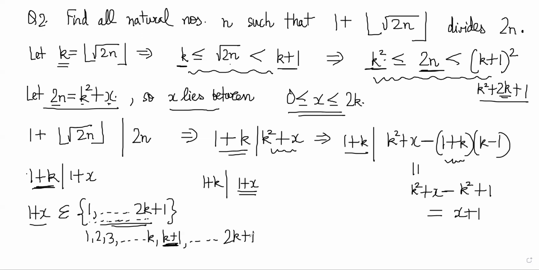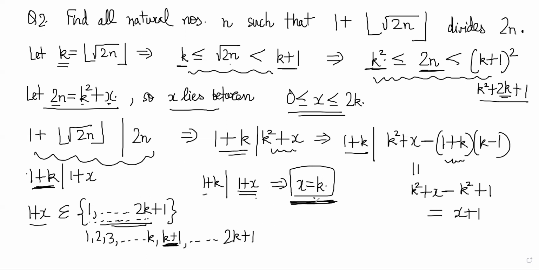K plus 1 times 2 will be 2k plus 2, which is actually bigger and is not part of this set. So therefore, it follows that 1 plus k divides 1 plus x when x is equal to k, right? So the only way this condition is true is when x is equal to k, right?